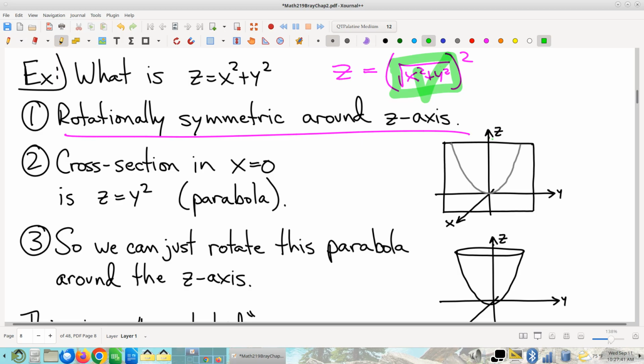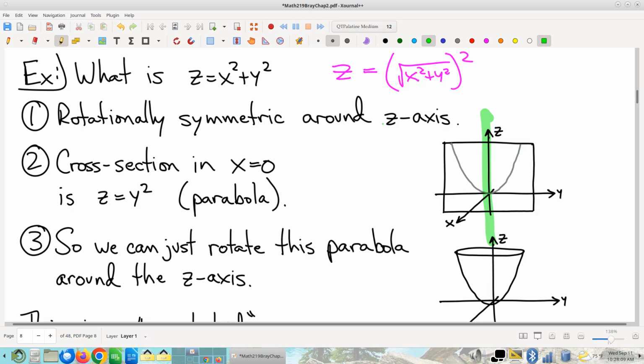Okay, so I'm going to draw the z-axis right there, just to emphasize that that's the axis of rotation. Again, if it's rotationally symmetric, then it is a rotation. I can pick any plane containing that axis and just look at the cross section in that plane, and then it's rotationally symmetric, so I'll just rotate that cross section.